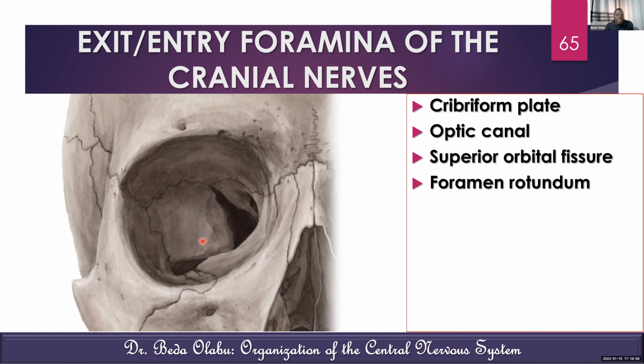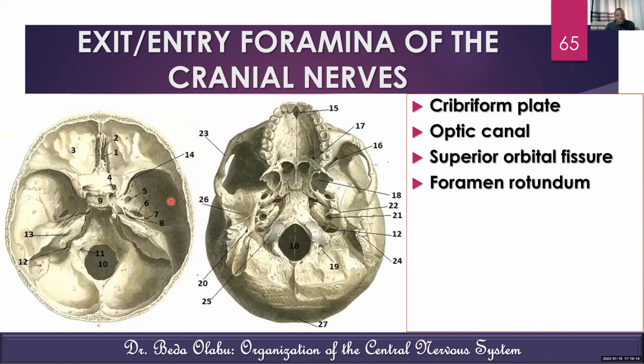We can use this image to also revisit the superior orbital fissure, which is that one, and the optic canal, which is that one. Those ones are the foramina that connect the cranial cavity to the orbit. So back to our original image, this is the rotundum, and that is the superior orbital fissure, and that is the optic canal.